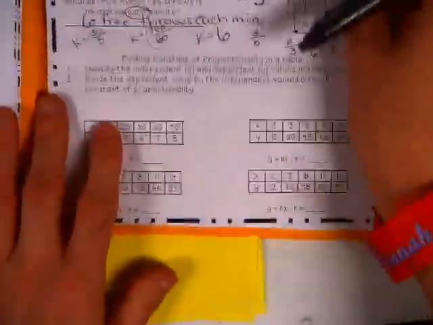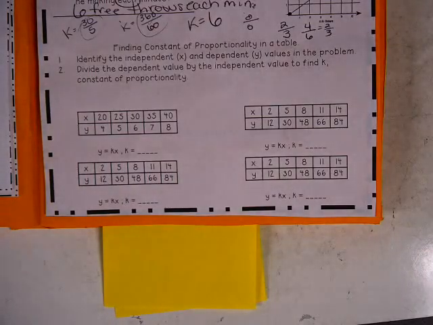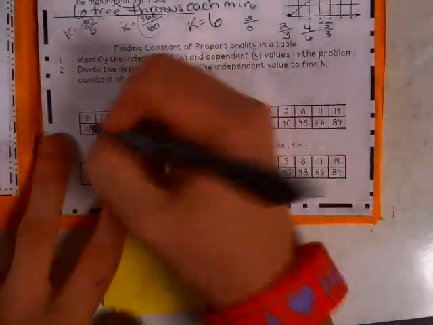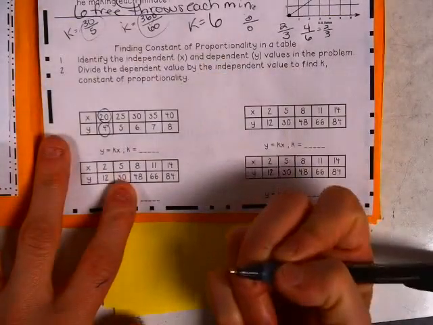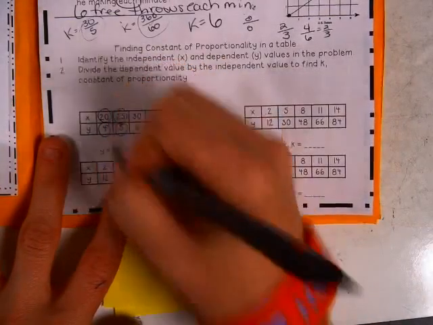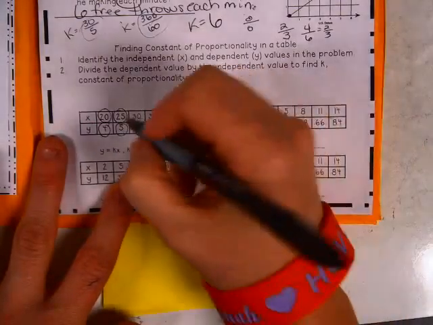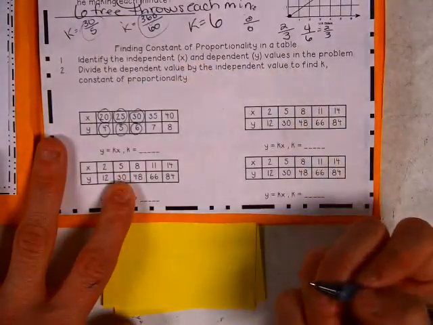Now if we use a table, identify the independent x and dependent y in each problem. Divide the dependent by the independent to find k. So what does it want? It wants you to divide each one. They get really tedious, but you do need to check them.